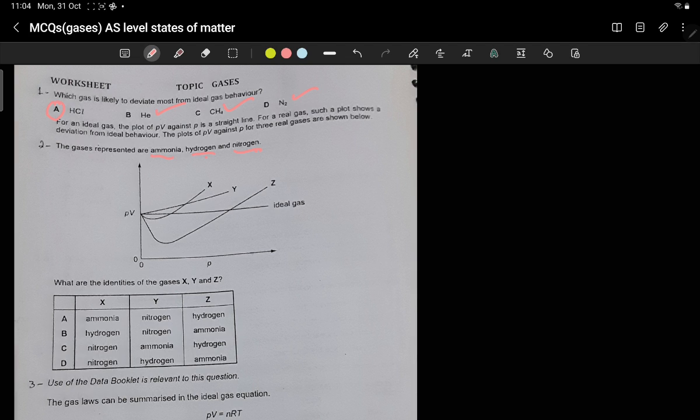This is the deviation from the ideal behavior, the deviation from the ideal gas.